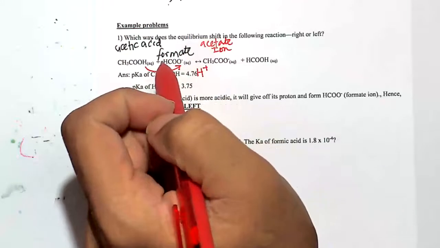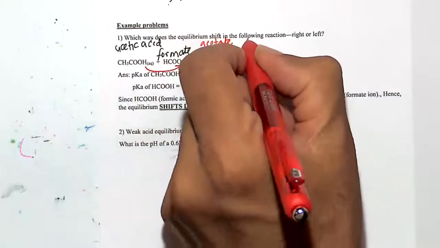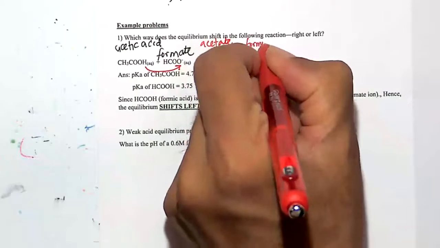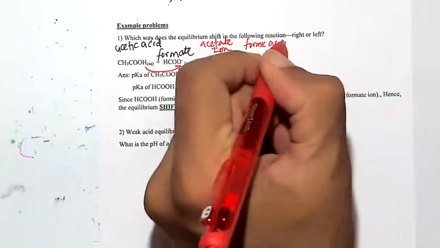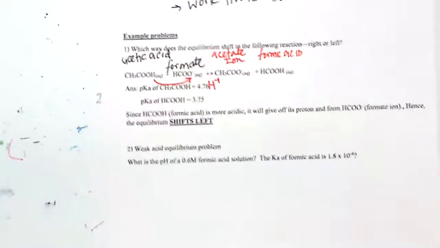And this formate receives, it takes that H plus, it takes that proton, and it becomes formic acid. You see what's happening here, or is this blurry?